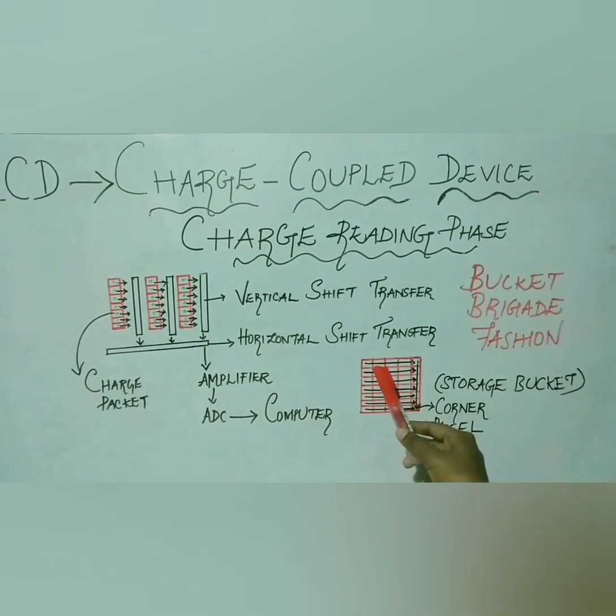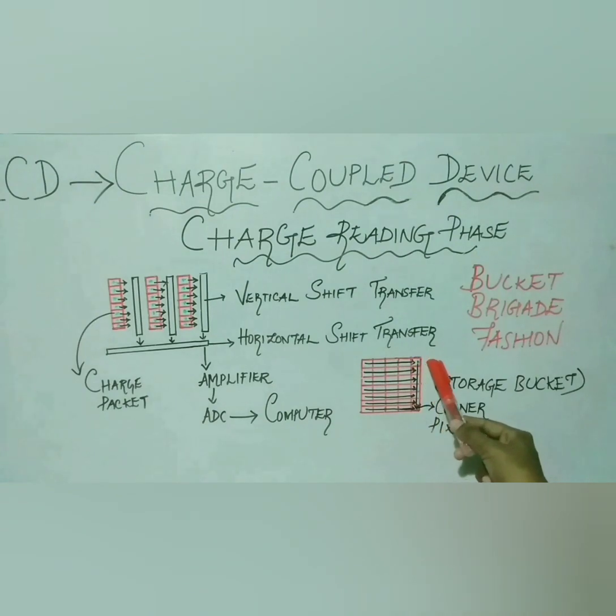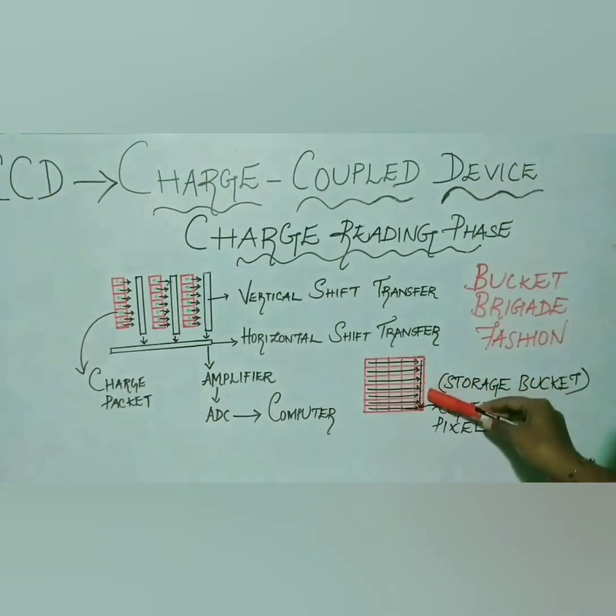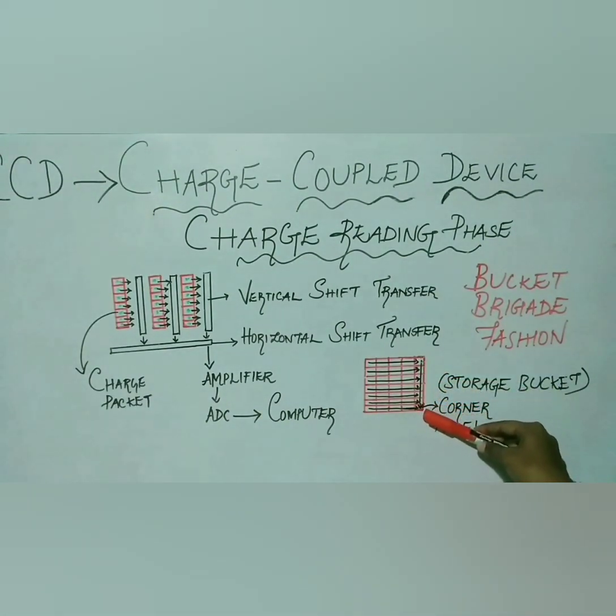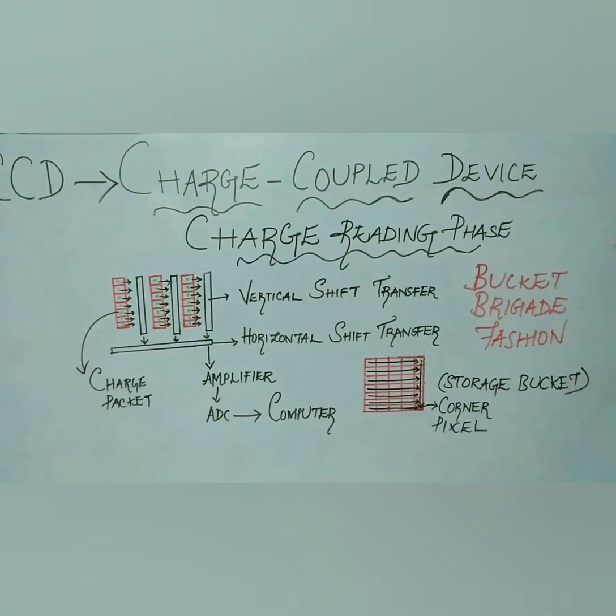Water in each bucket is transferred to the next bucket along its row. Finally, it is reaching the bucket which is present in the end of the row. In all these rows, water in the end bucket is finally reaching this storage bucket. So this is the storage bucket. This mechanism is similar to that of a charge reading phase in a CCD. That's why it is called bucket brigade fashion.